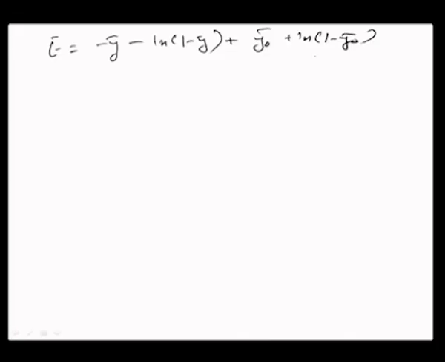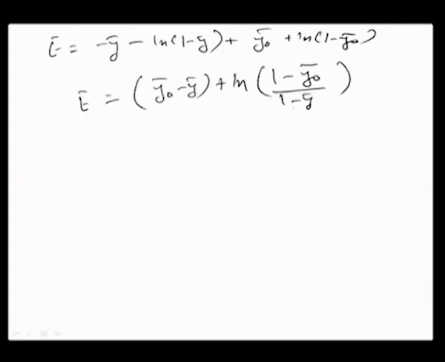In other words, t dash can be expressed as y 0 dash minus y dash, plus ln of (1 minus y 0 dash) by (1 minus y dash).